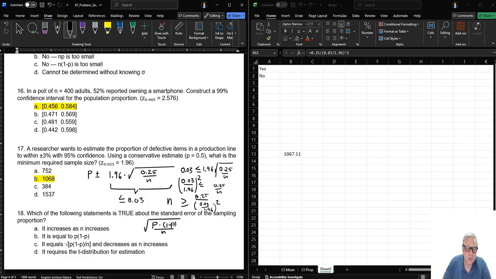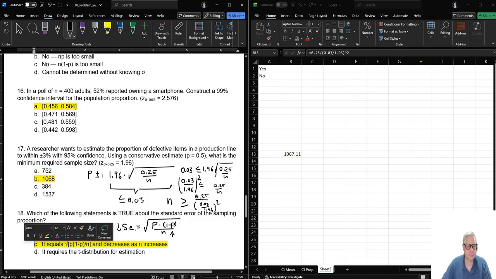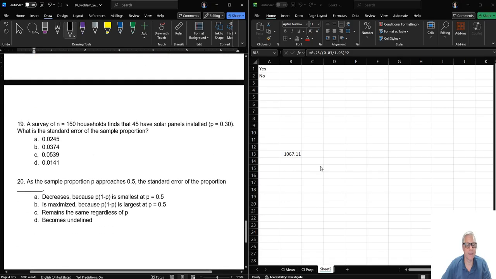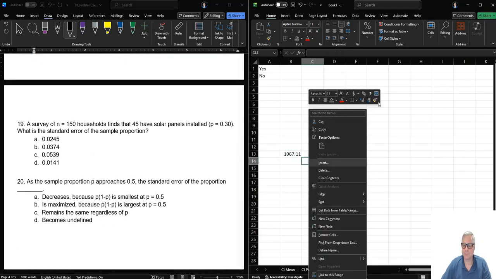So if n goes up, then of course the standard error goes down. So it decreases as n increases. This is correct. And it does not require the t distribution for anything.